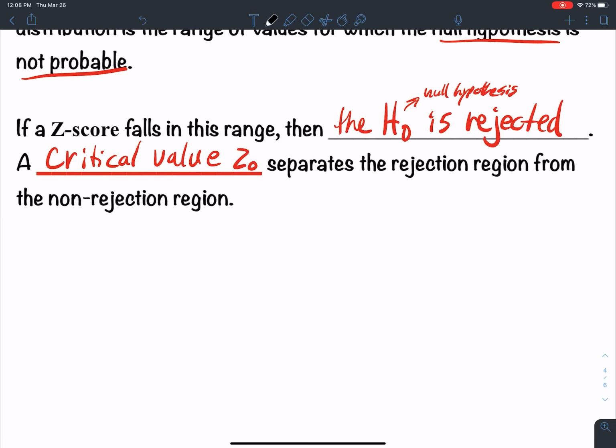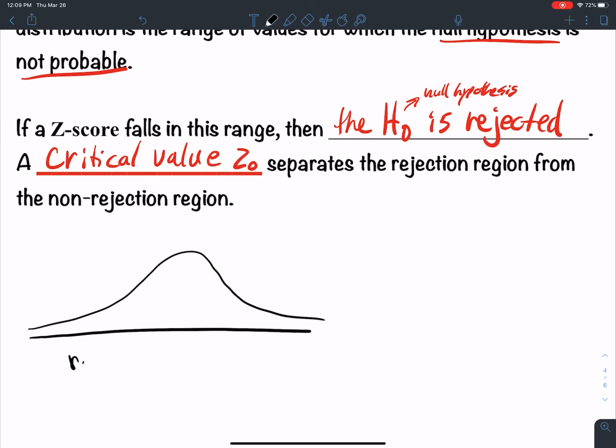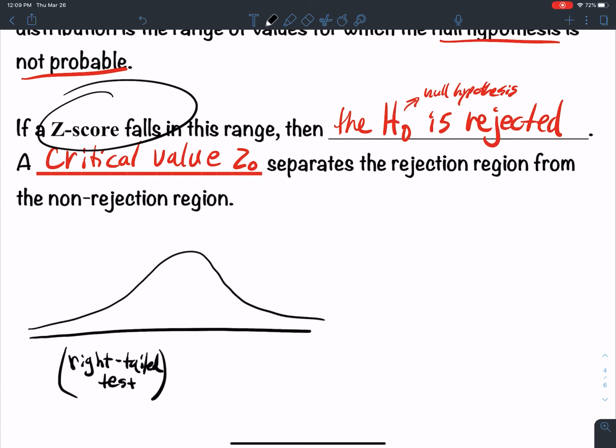I'm going to do a right-tailed test since I did a left-tailed one a little bit ago. With a right-tailed test, if I've got a z-score that falls in the range, I reject the H-naught. That range begins at the critical value.